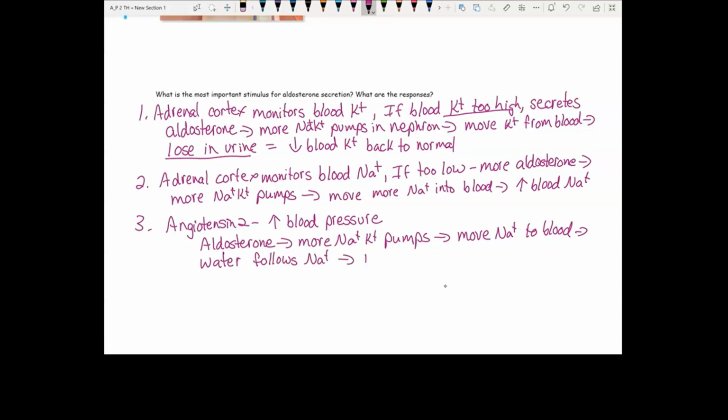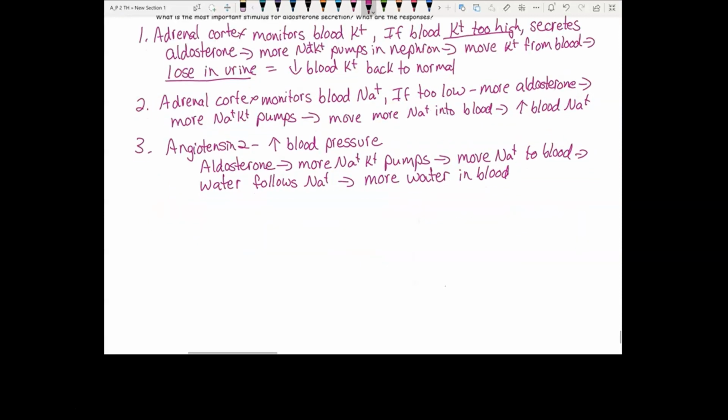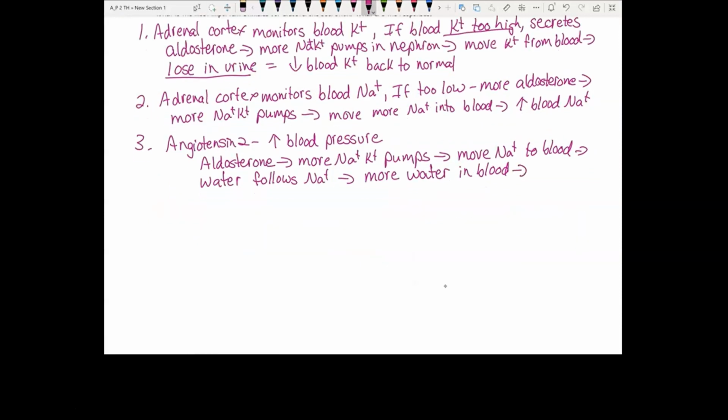So now you have more water in your blood. And because there's more water, you now have increased blood volume. And if you look at your chart from chapter 20, you'll see that increased blood volume increases your blood pressure, which was the whole point of angiotensin II, to increase blood pressure.